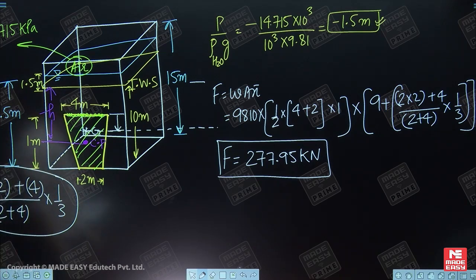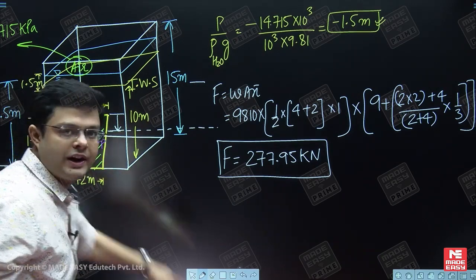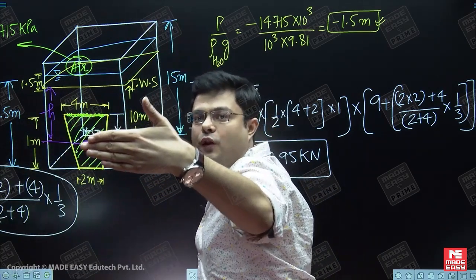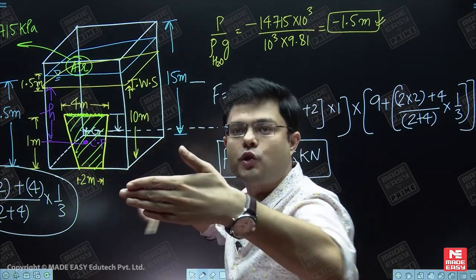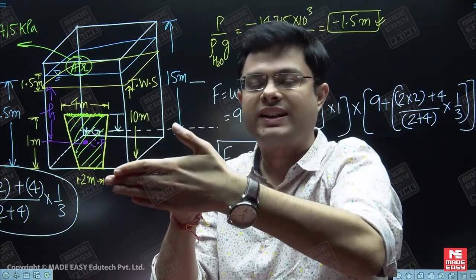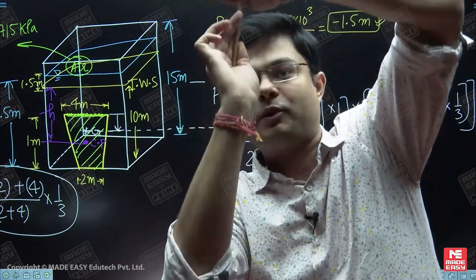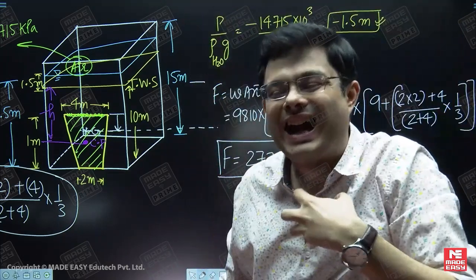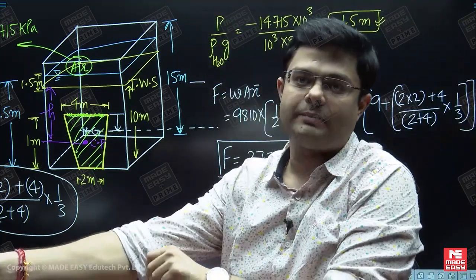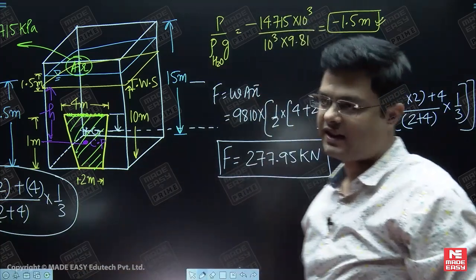From this point, the water force is going to act like this and make the trapezoidal gate move like this. Are you getting the feel of what I am trying to say? This is a fantastic problem.